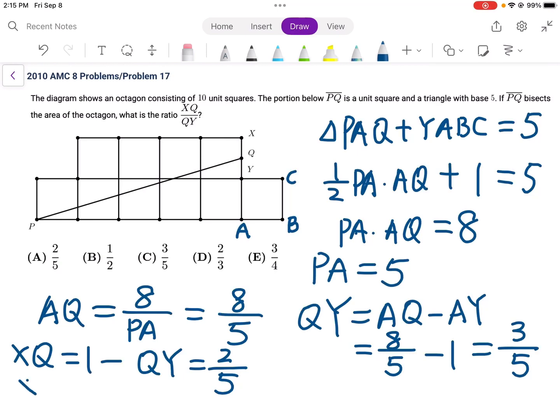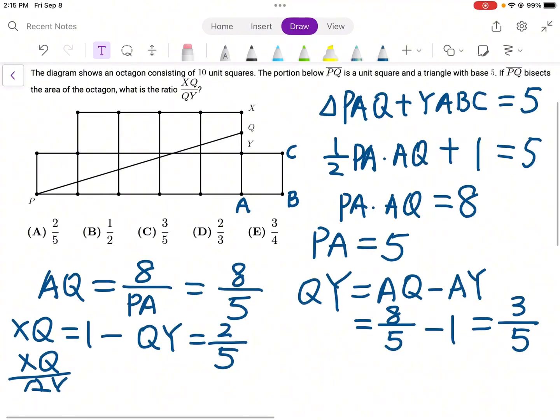Therefore, XQ divided by QY equals 2 over 3. So the answer is D.